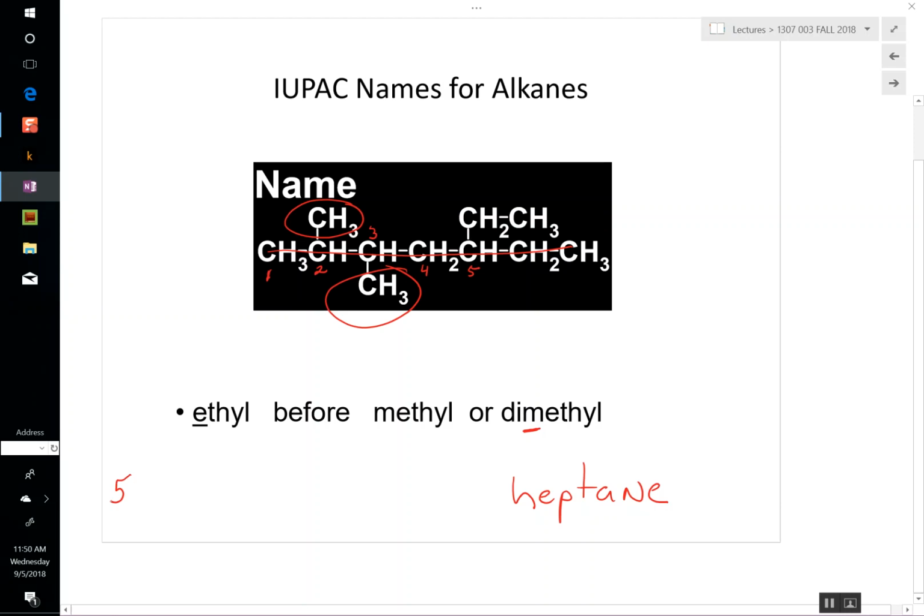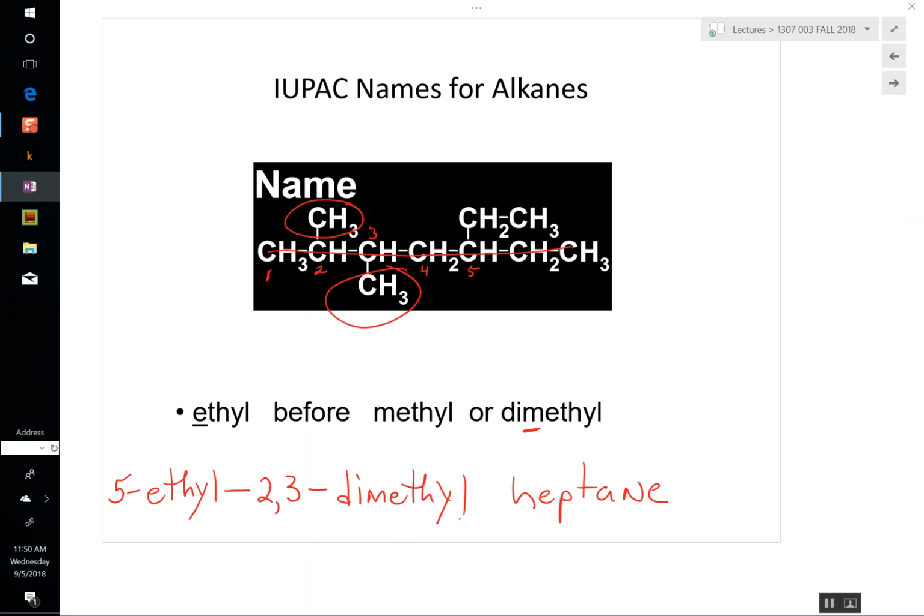So we have an ethyl on number 5. And then what? 2,3-dimethyl heptane. Why is it numbered that way for this one?